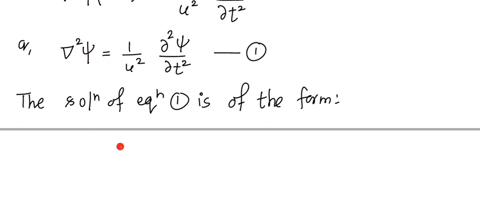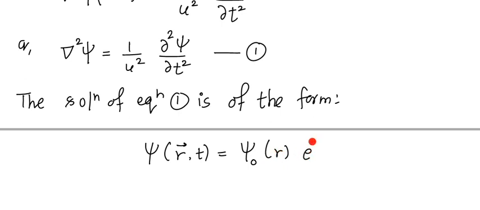So its solution can be written as psi, the function of position coordinate and time, psi(r,t) is equal to psi naught, which is the function of r only, times e to the power minus i omega t.